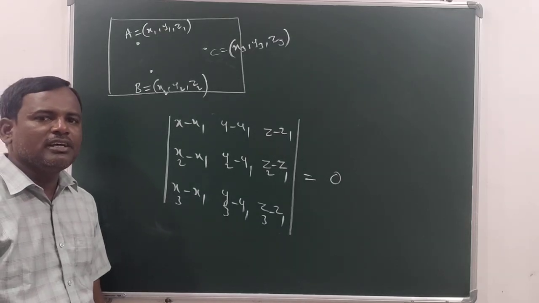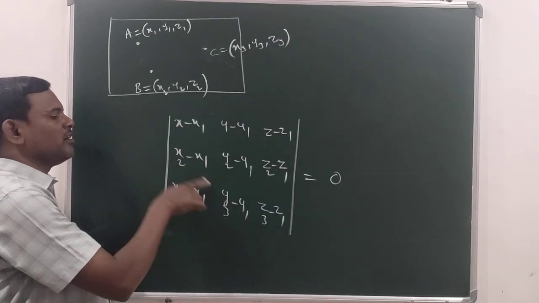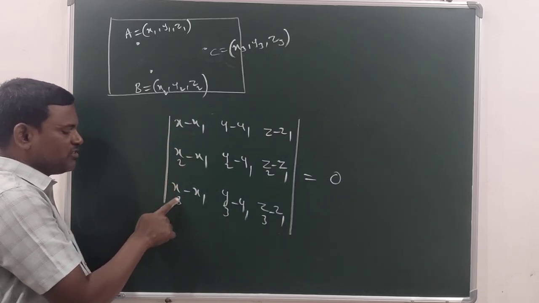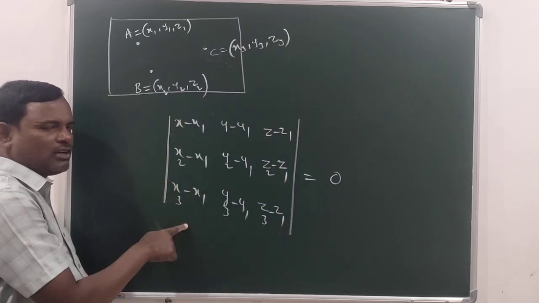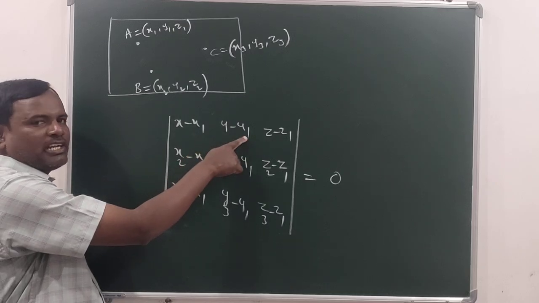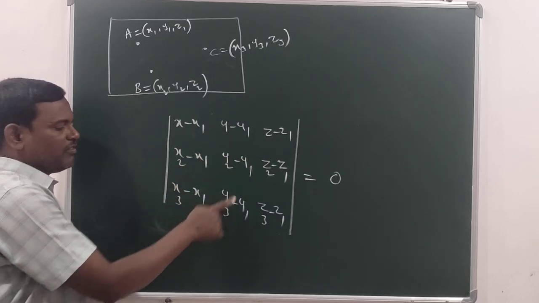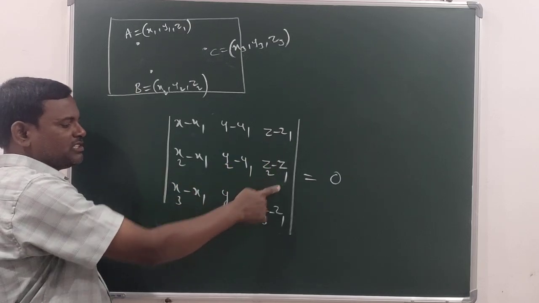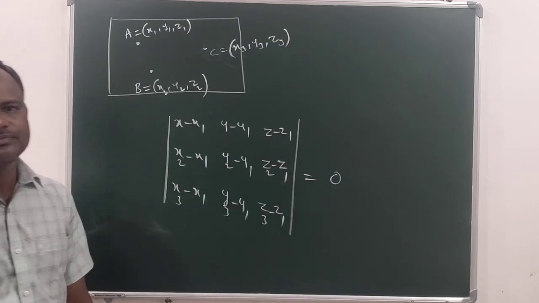Find the determinant formed by X minus X1, X2 minus X1, X3 minus X1 in the first column; in the second column Y minus Y1, Y2 minus Y1, Y3 minus Y1; and in the third column Z minus Z1, Z2 minus Z1, Z3 minus Z1.